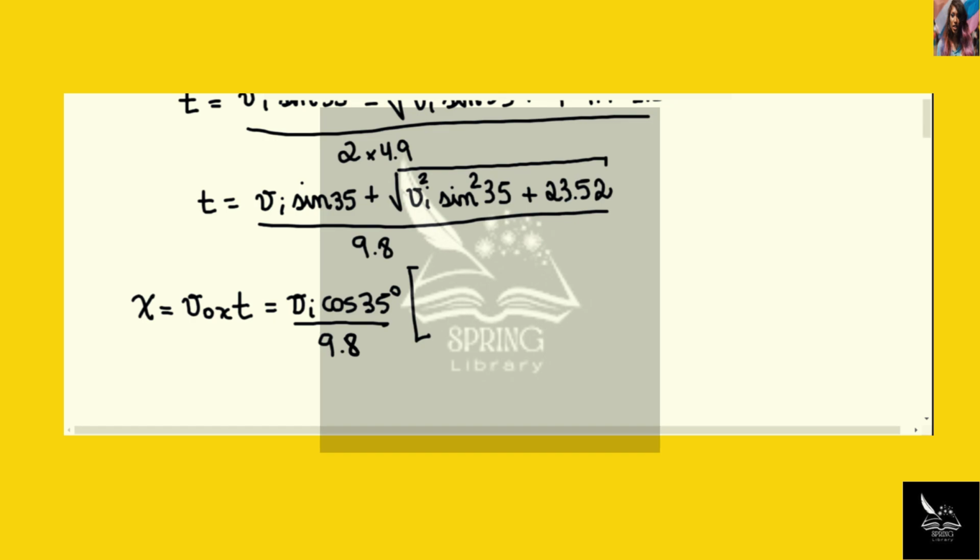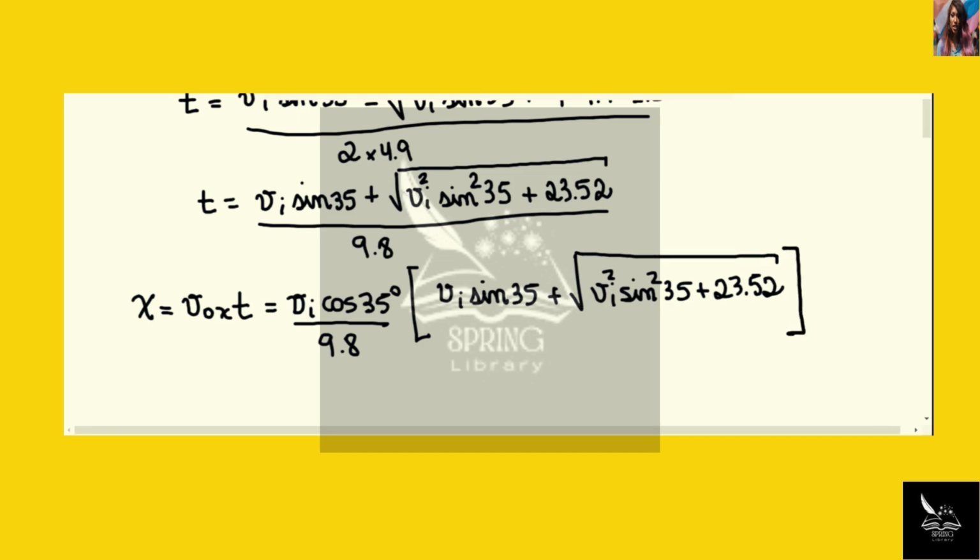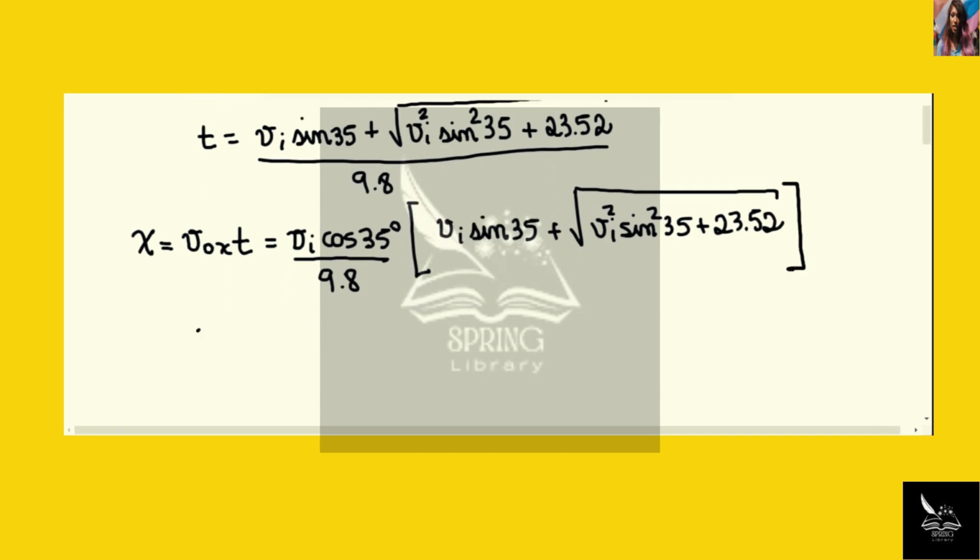I already put the 9.8 outside, and I'm going to write the numerator, which is vi sine of 35 plus the square root of vi squared sine squared of 35 plus 23.52. Okay, and I'm going to just substitute the cosines and sines.